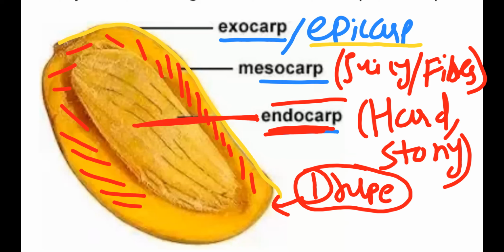So, this is one entire fruit. How many ovaries are present here? Is it unilocular or multilocular? Tell me first of all. In mango, what condition will you find, unilocular or multilocular?